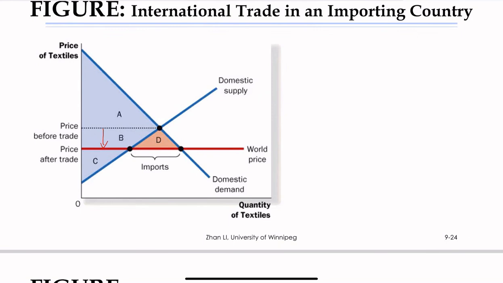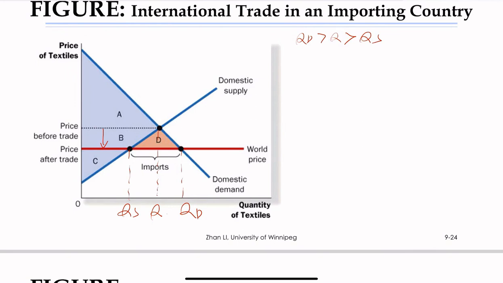What about quantity? And again, you can see that we will have three quantities, right? So let's call this QD, this QS, and this Q. So QD is larger than Q, is larger than QS. QD is really the quantity demanded by domestic consumers.